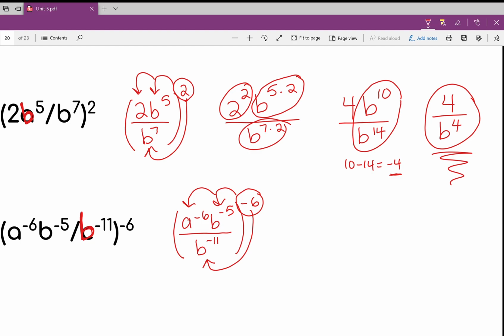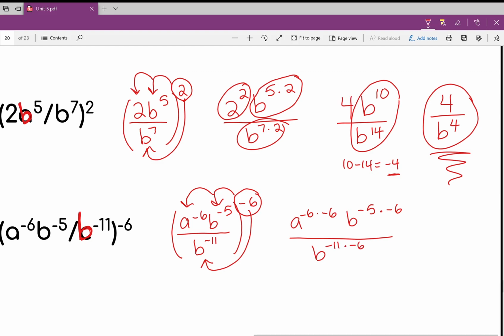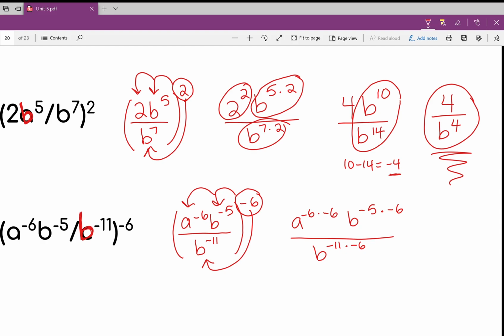So then we multiply our exponents. So it's A to the negative 6 times negative 6, B to the negative 5 times negative 6, over B to the negative 11 times negative 6. Okay, from here we're going to simplify. So negative 6 times negative 6 is 36.